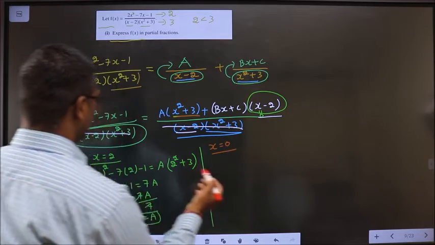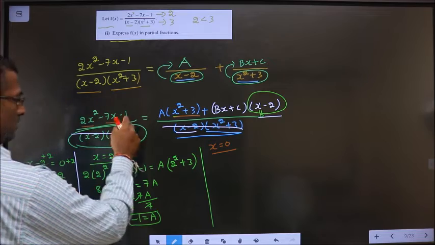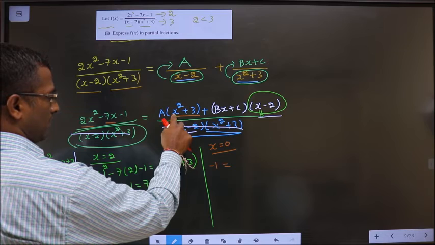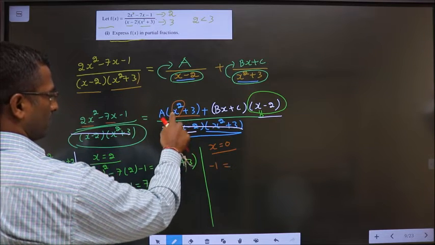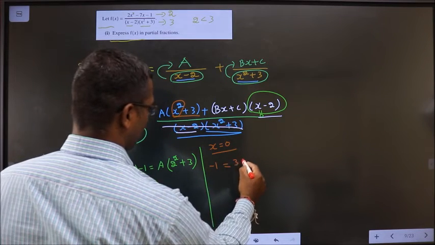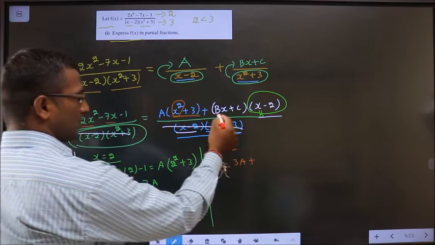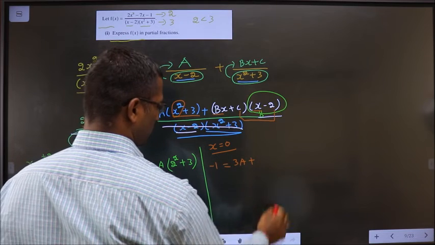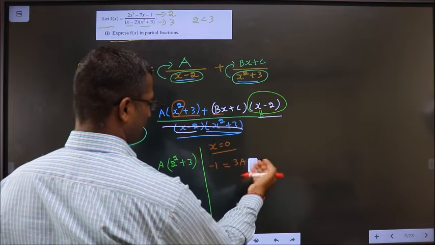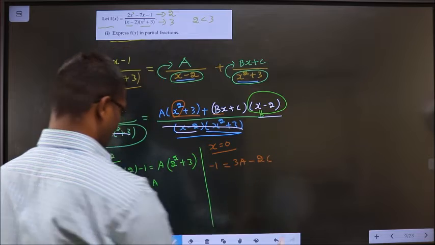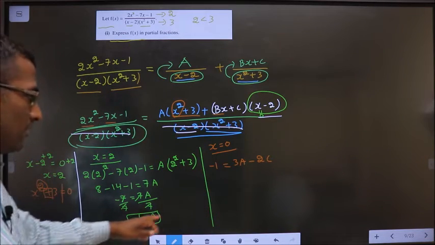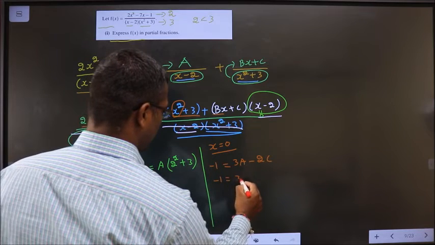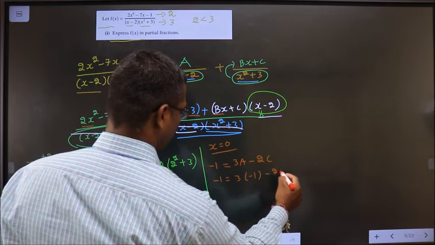So if I take x equal to 0, this is gone, leaving minus 1. And on this side, when x is gone, we are left with 3a plus, this is gone, these two are left, minus 2c. Okay. Replace a equal to minus 1 over here. So minus 1 equal to 3 times minus 1 minus 2c.